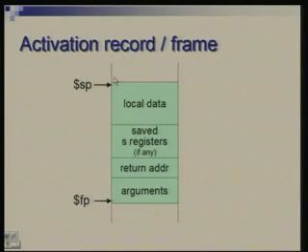So stack pointer can no longer be used with constant offsets to access, for example, these arguments or the return value or these registers. So we have a pointer to the bottom, and with respect to that, the offsets of all this part is constant.